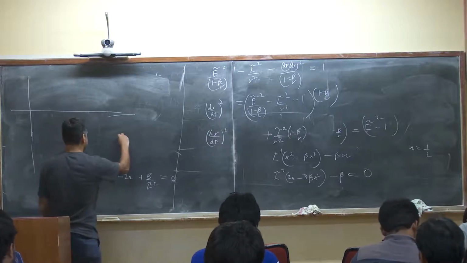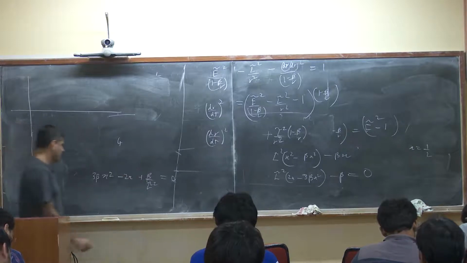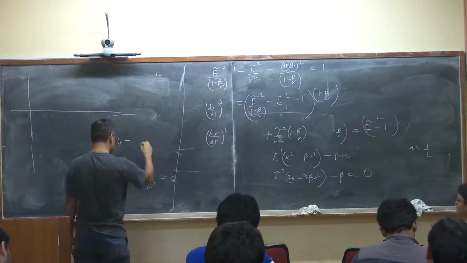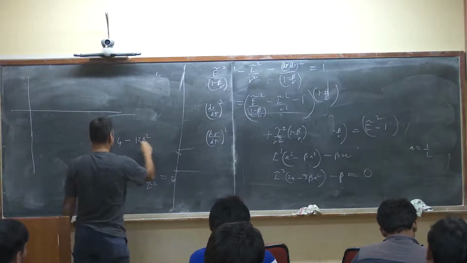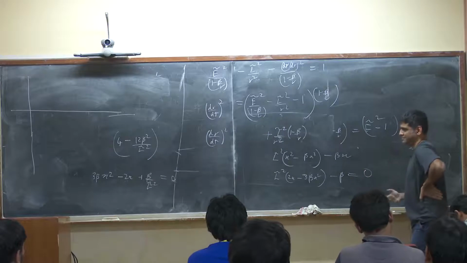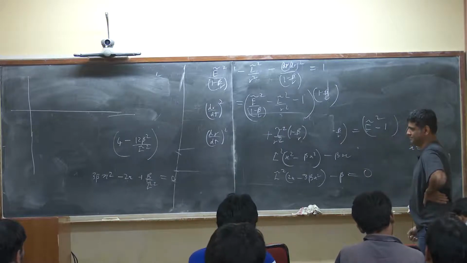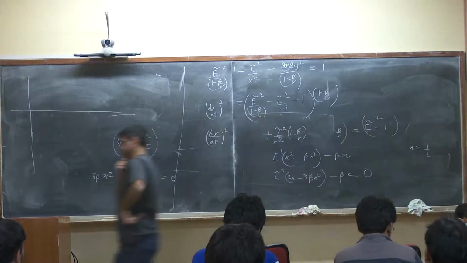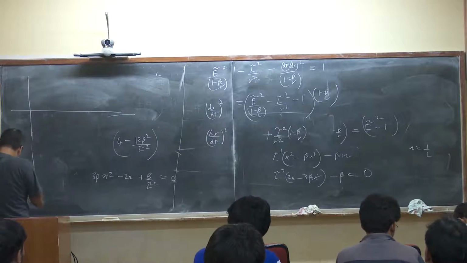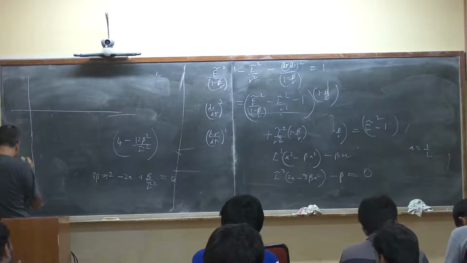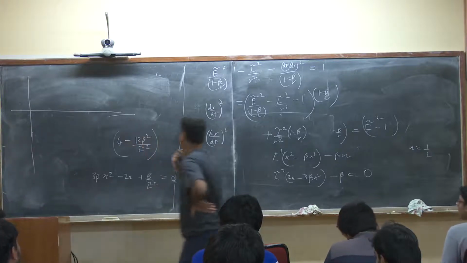So b squared minus 4ac is 4 minus 12 beta squared by L tilde squared.